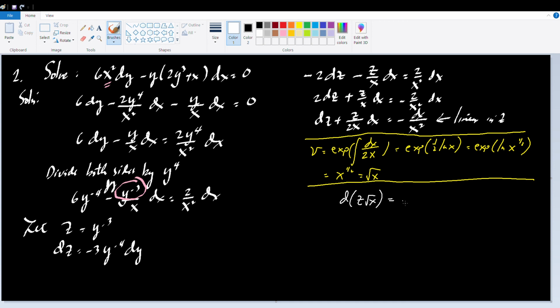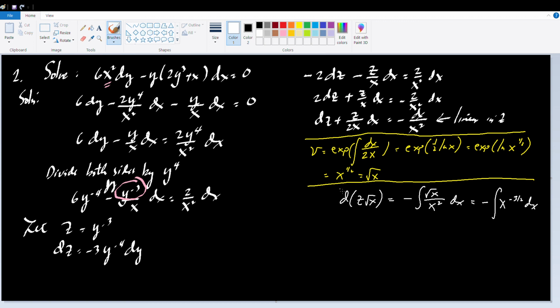And then the right side, we introduce the square root of x over x squared dx. No? So introduce to the right side the integrating factor square root of x. And we know that that is equivalent to negative x to the 1/2 over x squared, which is x to the negative 3/2 dx.